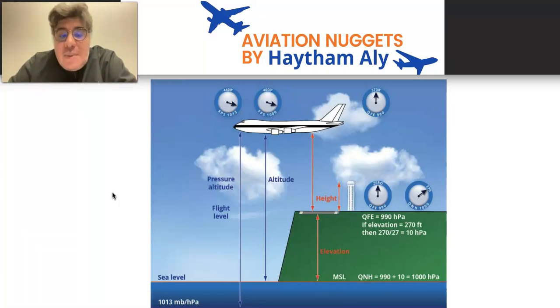This vertical distance, everybody, may be pressure altitude, or what is called the flight level, may be altitude, may be height. It depends on what? On the altimeter pressure setting, and the isobar.